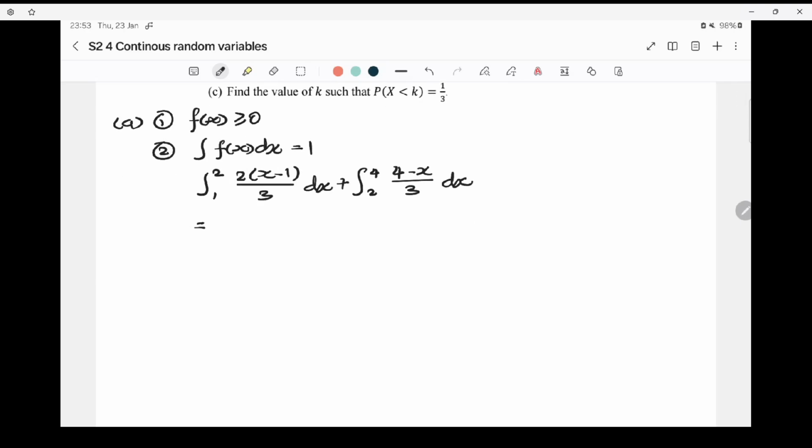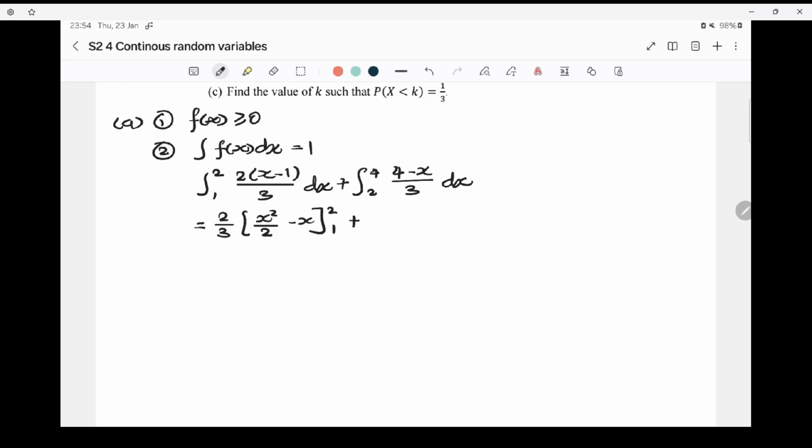So this will be 2 over 3. You would get x squared over 2 minus x, from 1 to 2.